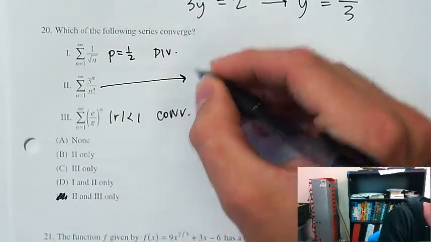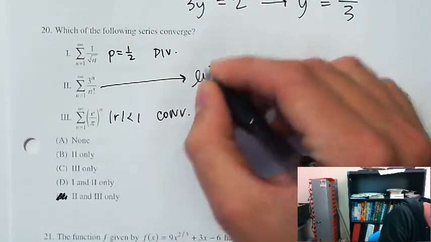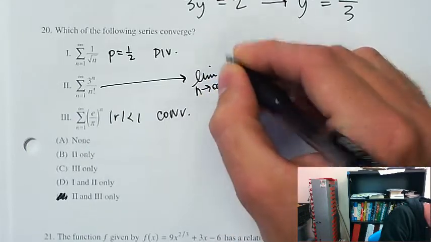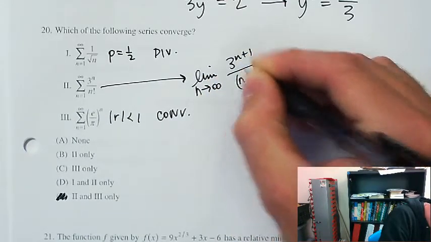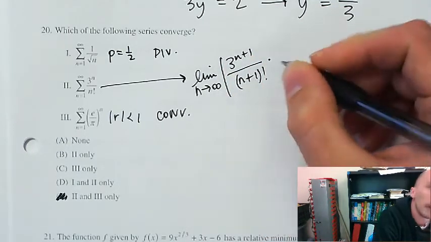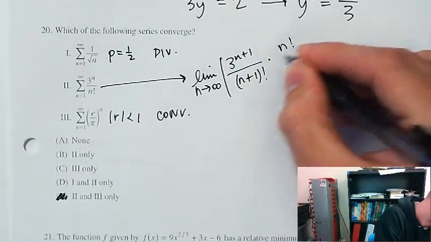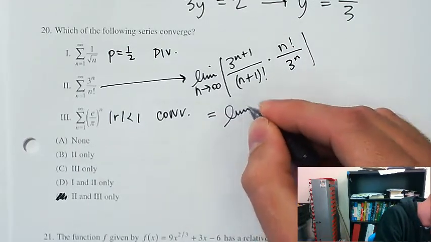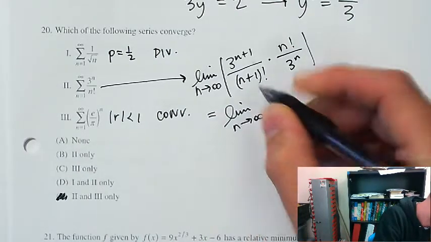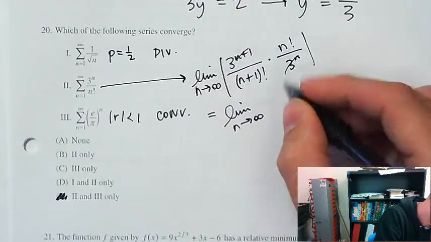But not for long. What we're going to do is the ratio test. We're going to compute the limit as n approaches infinity of 3 to the n plus 1 divided by n plus 1 factorial, divided by the terms of the original. So it would be n factorial up here and 3 to the n in the denominator. Which is going to leave me with 1 power of 3.